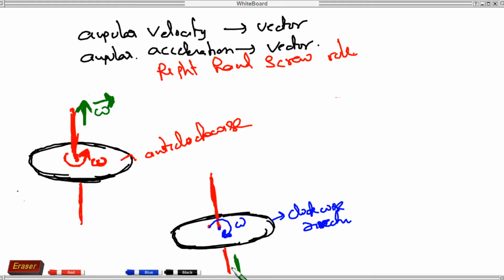This time it will be this one. So we discussed the direction of the angular velocity vector when it is anti-clockwise and when it is clockwise. Now take a look at the angular acceleration vector.